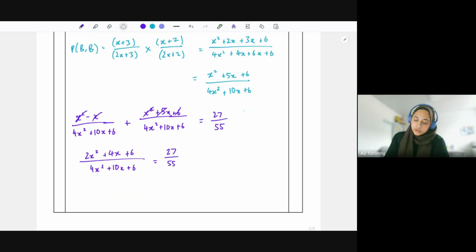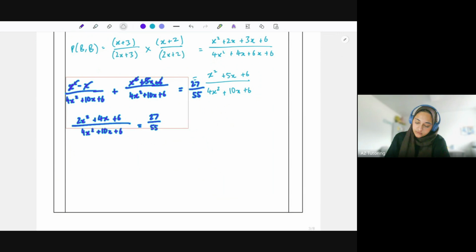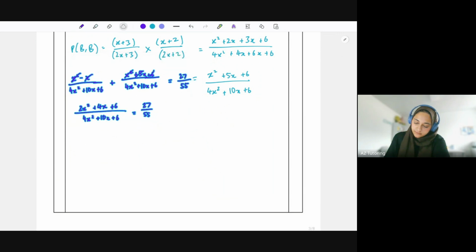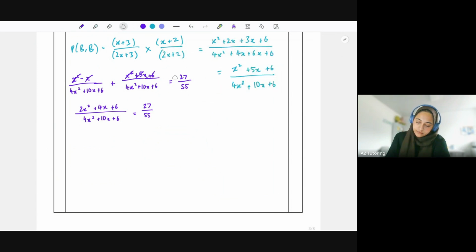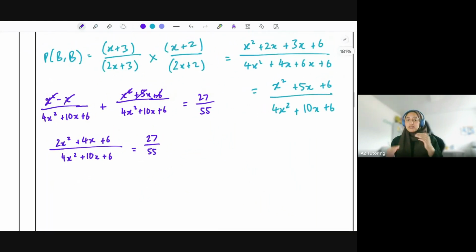What I'm now going to do here is, let me just make this a bit smaller, stick it over here. Okay. What I'm now going to do is cross multiply because I need to get rid of the denominators. So I'm going to bring the 55 up to here. So I'm going to times the 55 up. At the same time, I'm also going to times this whole expression up to here as well.